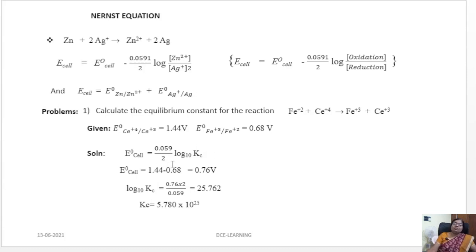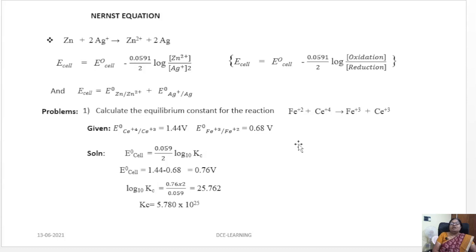This is the problem: how are you going to calculate the equilibrium constant of the reaction between iron and cerium, which undergo oxidation and reduction, by using the cell EMF to get Kc, the equilibrium constant.